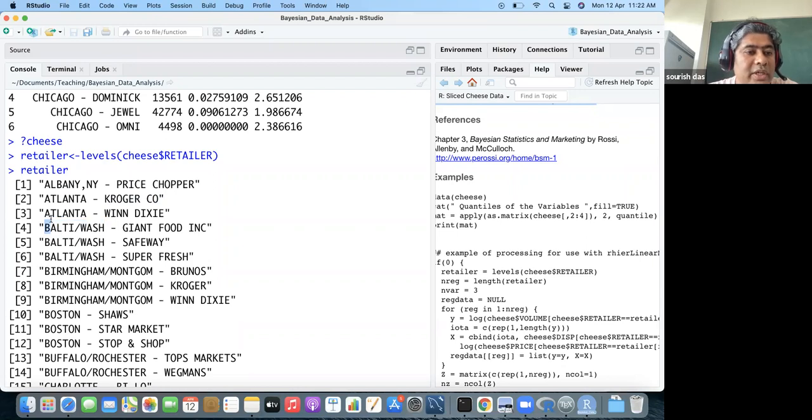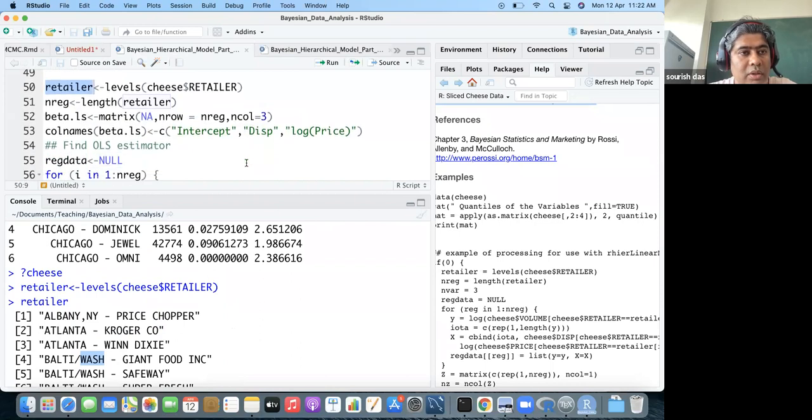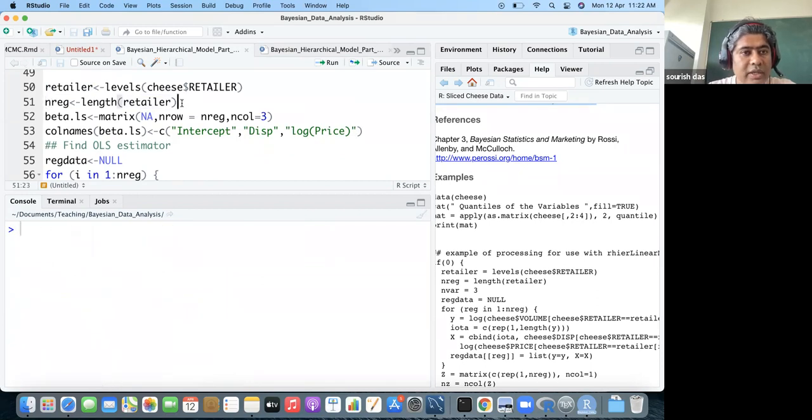Balti Wash is basically, Balti is the name of the town and Wash is the state of Washington. Okay. So in reg, the second line, in reg is the number of retailers that we have, which is 88.